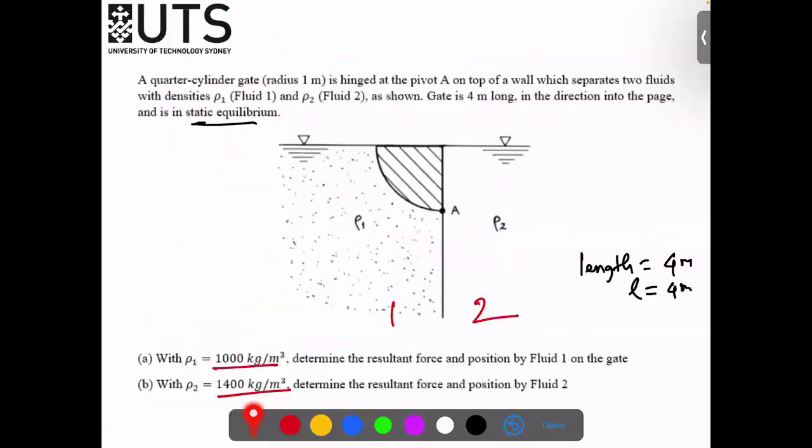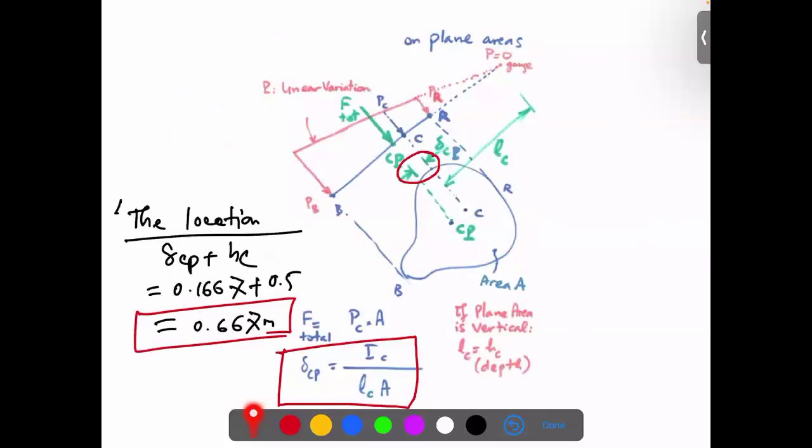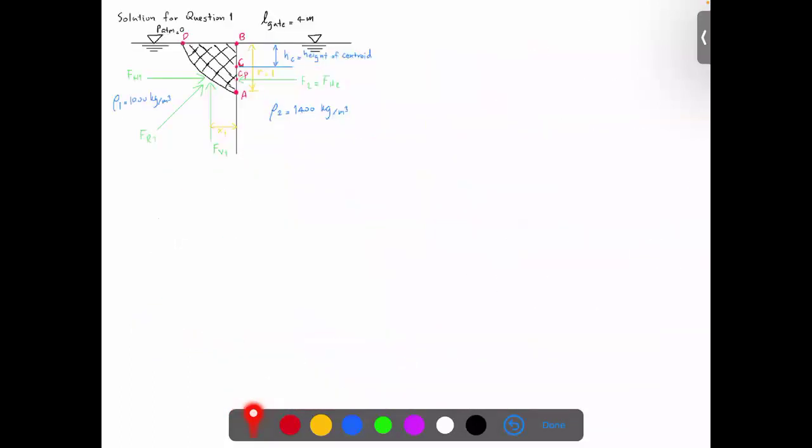Second problem is, if you know the density for this fluid is 1400, determine the resultant force and the position by fluid 2. This is an interesting problem. We need to determine the resultant force for the second problem.